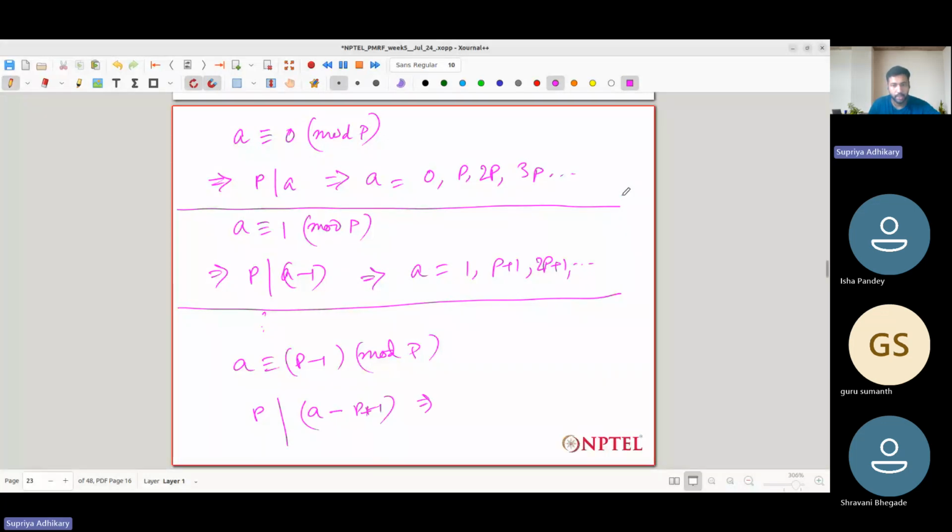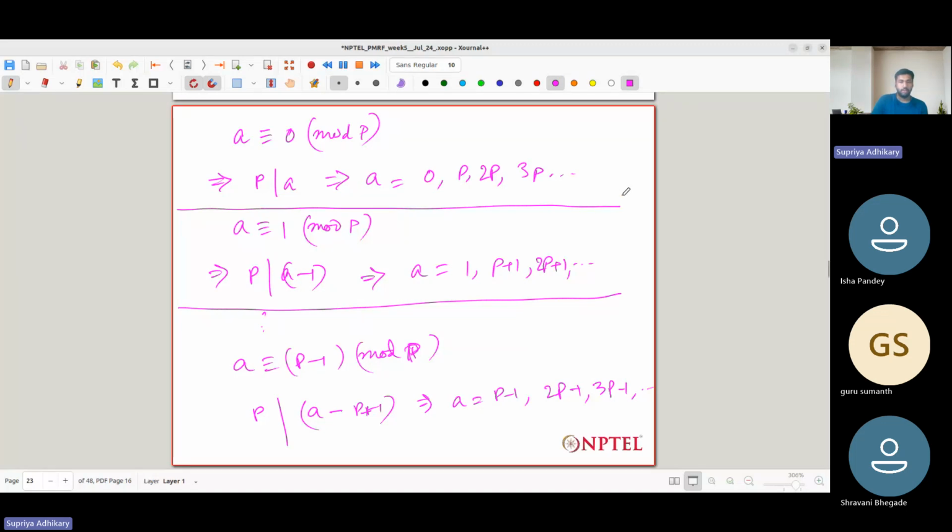And this will imply that A is of the form P minus 1, 2P minus 1, 3P minus 1, and so on. So these are all the classes that we can find for any integer.